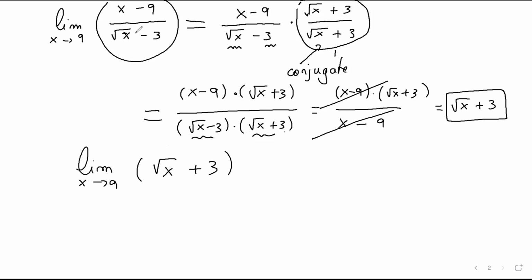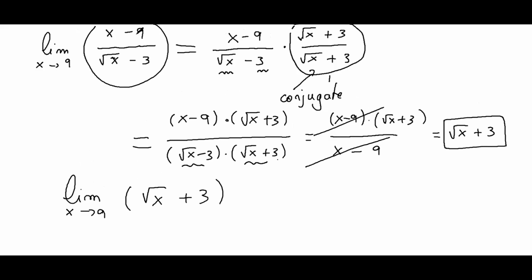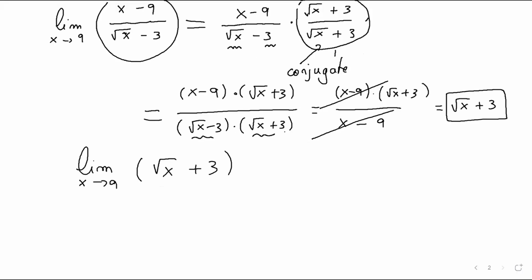So we did simplify this fraction, which is horrible. If you start to look at it, it's x minus 9 times square root of x minus 3. We made it even more complex before we were able to simplify, but it did simplify, and that's going to be the case all the time. It simplifies to a form where I can say, you know what, this is really easy now because I can simply substitute.